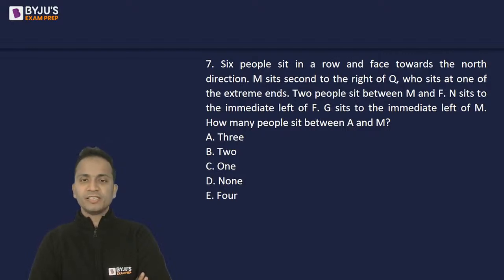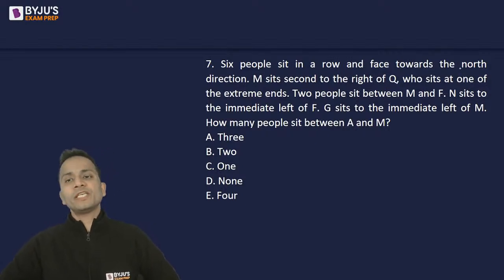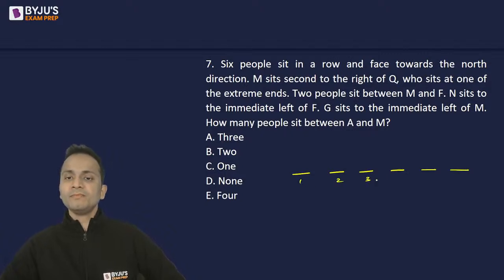Shall I solve, correct? That was fast, Vikram. Very good. Now, six people sit in a row facing towards north direction. So I'll make six chairs. I'll draw six chairs. One, two, three, four, five, six. I'll number them.